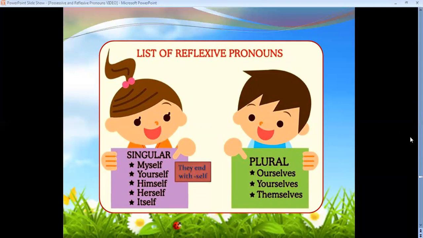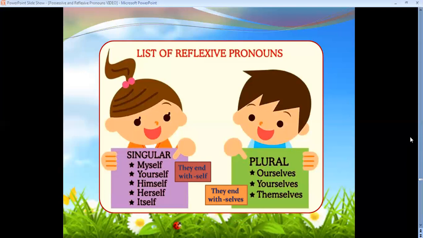All these singular reflexive pronouns end with self. Keep this in mind. What about the plural? Ourselves, yourselves, themselves. They end with selves. Easy peasy. That's the difference.